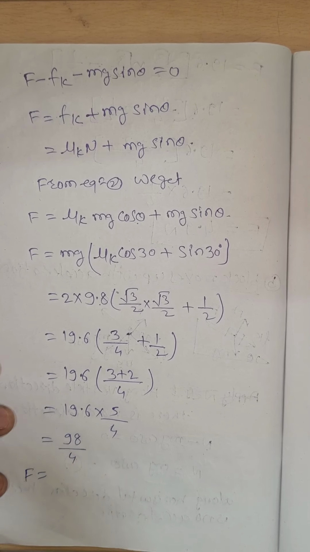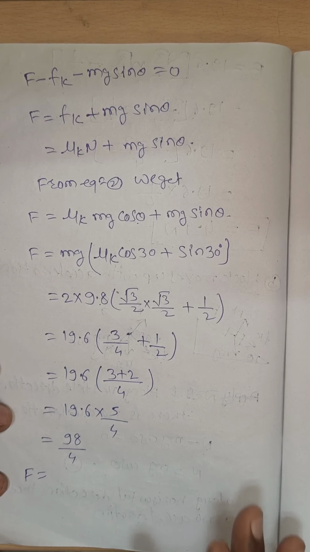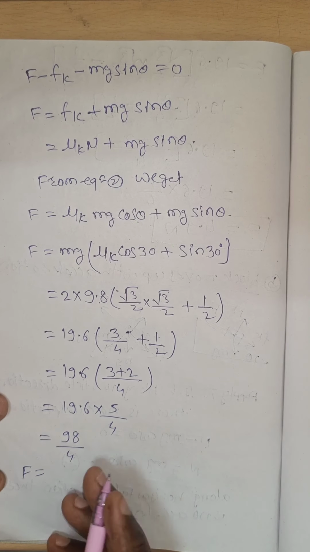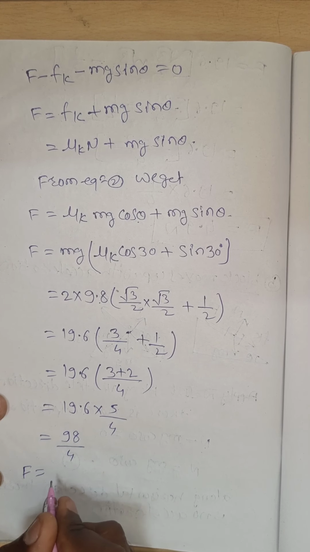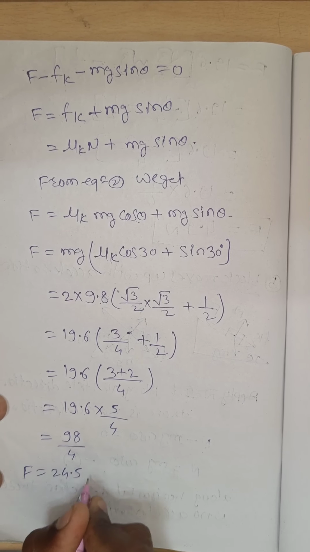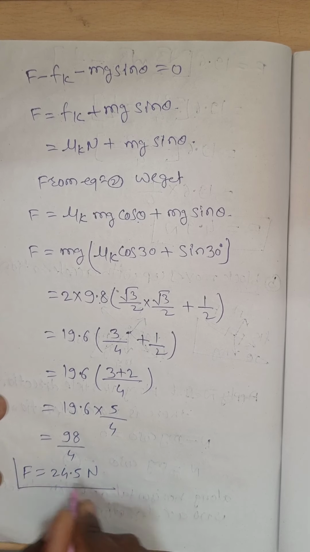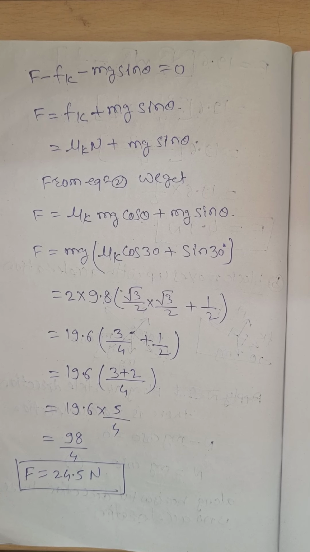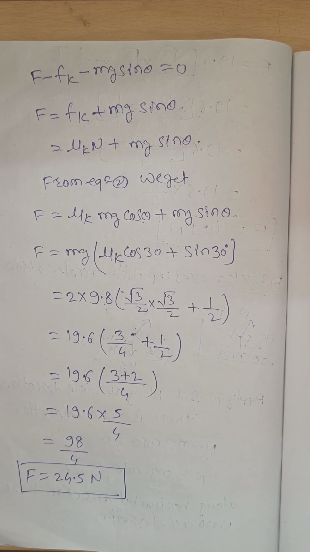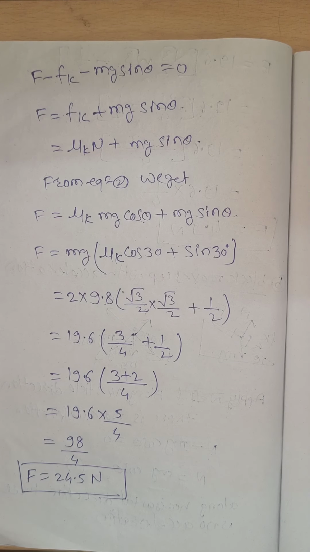Therefore the force required to move the object in the upward direction without acceleration is 98 by 4, that is 24.5 newtons. This much force will be required to move the object upward without any acceleration. Now, today we stop here.